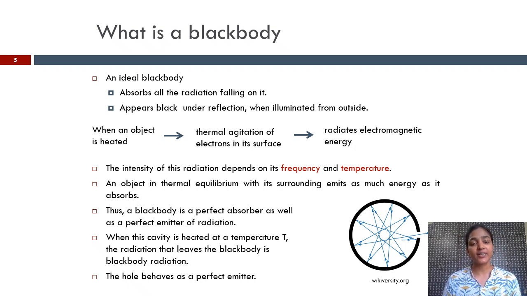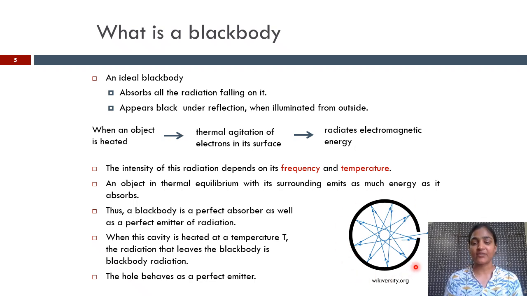So in order to convert the energy to temperature, we need to first study what a black body is. An ideal black body is something which absorbs all the radiation falling on it. We can construct a practical black body here.